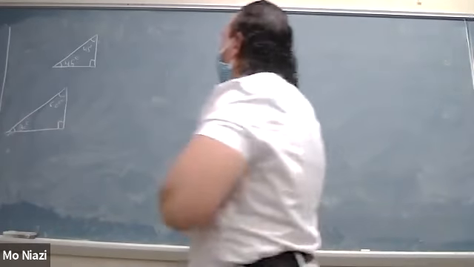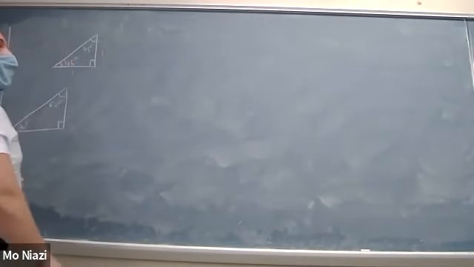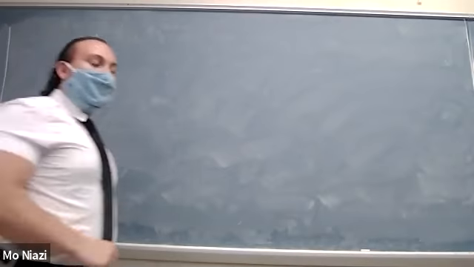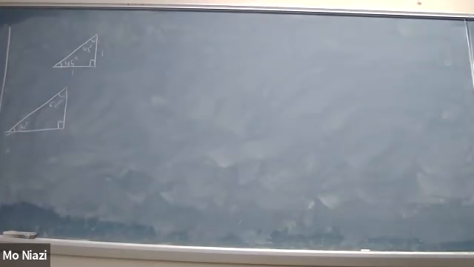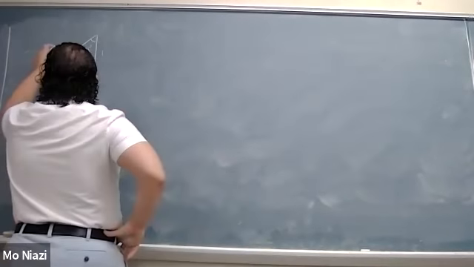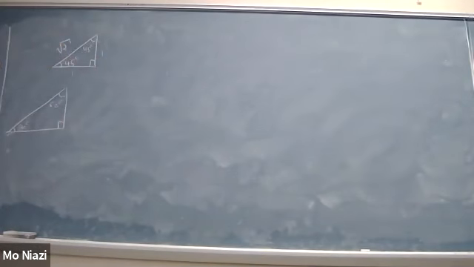So if this is 1 and this is 1, what is the hypotenuse going to be? Square root of 2. The square root of 1 squared plus 1 squared is equal to square root of 2, because 1 squared is 1 and 1 plus 1 is 2.